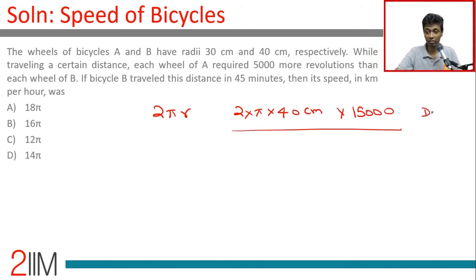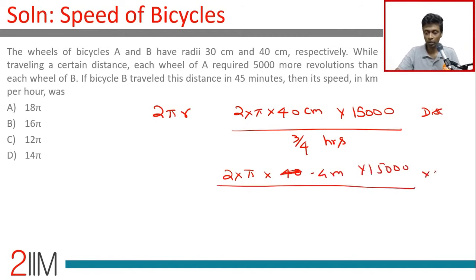This is the distance traveled. Time taken is 3/4 hours. So it is 2 into pi into 40 centimeters, or 0.4 meters, into 15,000 into 4/3 kilometers per hour.